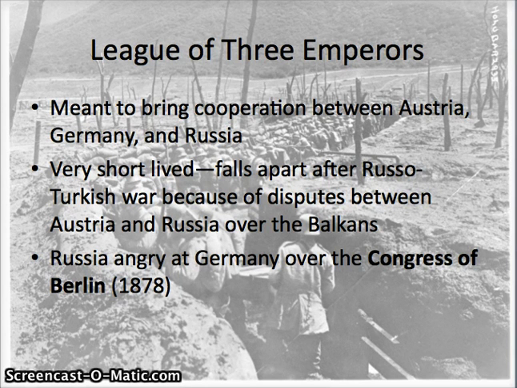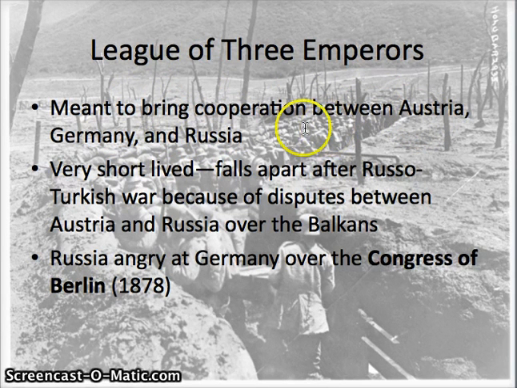The idea in a league or alliance, of course, is to remain neutral if another country outside of this alliance attacks them. So if these are the three countries, say France decides to attack Germany, Russia would have to promise, and Austria would have to promise not to get involved.